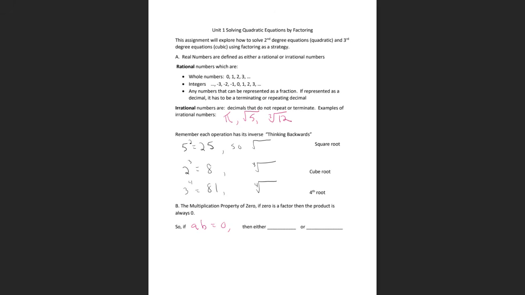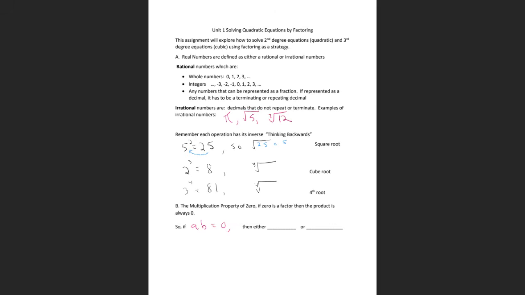So if I go backwards, if I go the other direction, if I start with the 25 and go this way, that actually stands for the square root of 25. So the square root of 25 gets you back to the beginning, which is what was actually squared that gave you 25. That would have been 5.